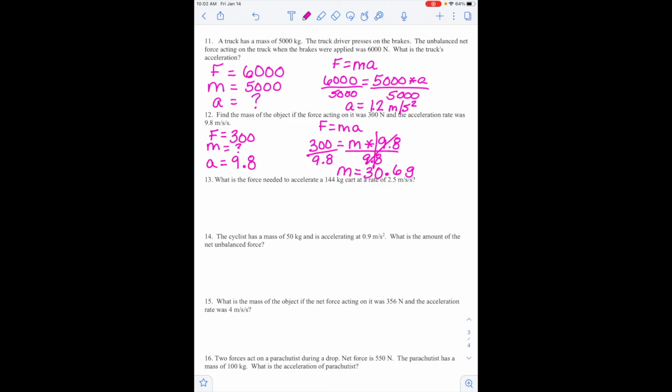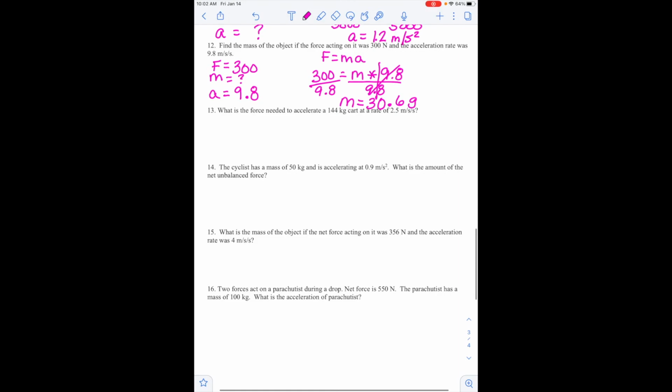What is the force needed to accelerate a 144 kilogram cart at a rate of 2.5 meters per second squared? So we are looking for the force again. We have our mass, which is 144. And we have our acceleration, which is 2.5.